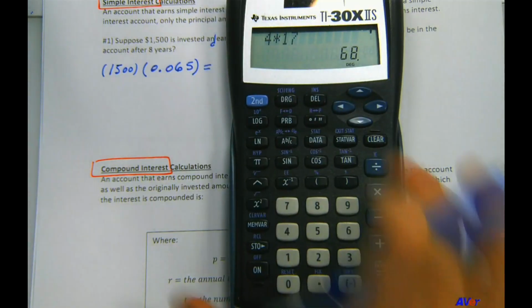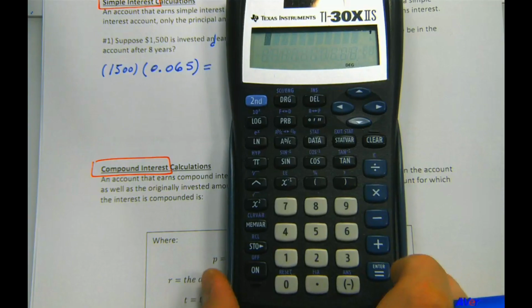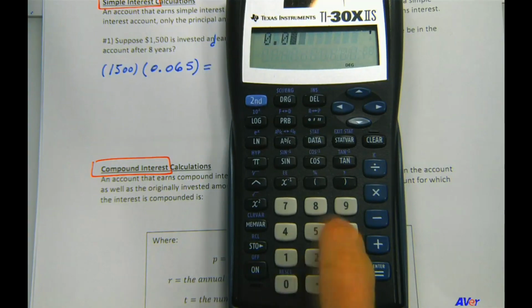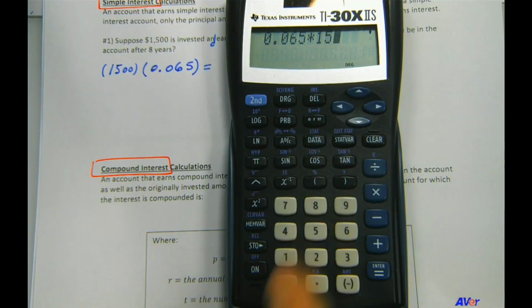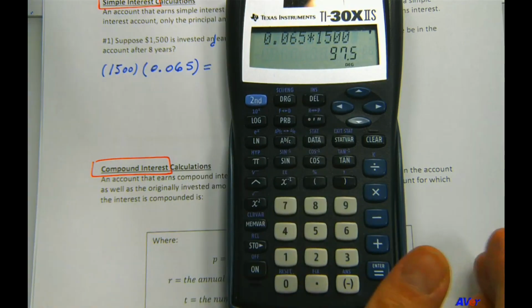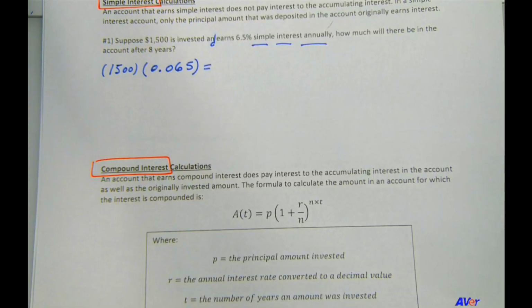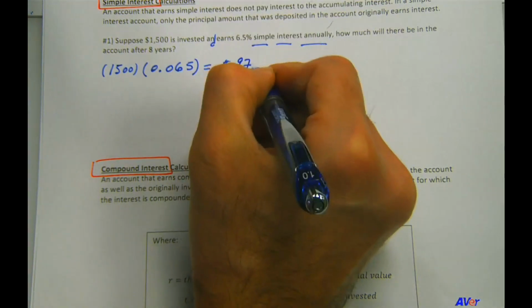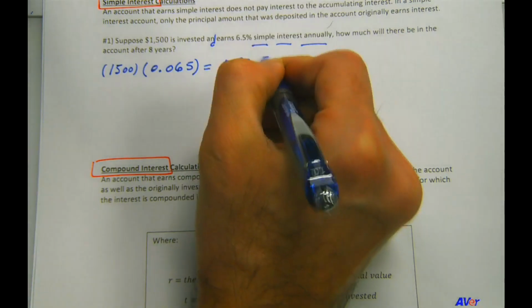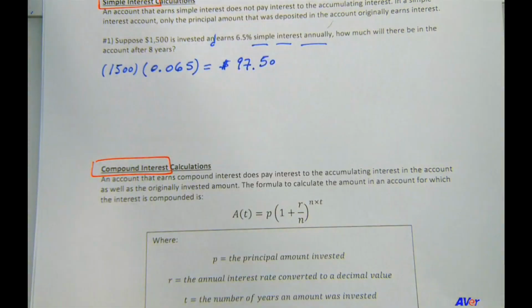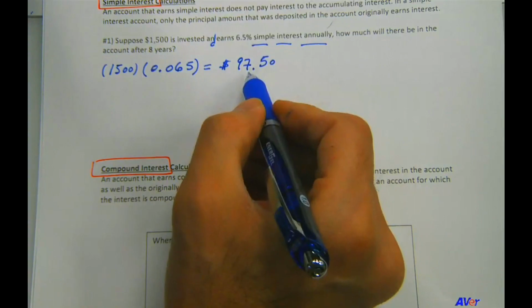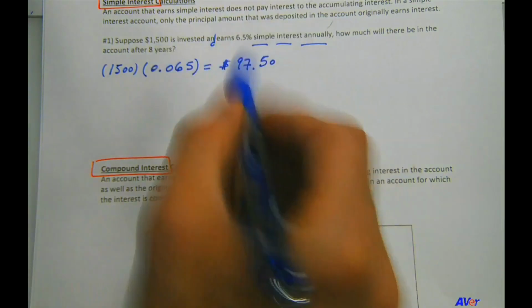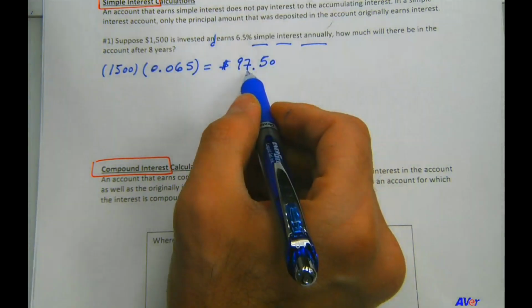All right, so let me clear what's on there already. So 0.065 times 1,500, and it's $97.5, right? So it'll be $97.50, right? So that interest, because this is a simple interest account, isn't going to change over the 8 years.